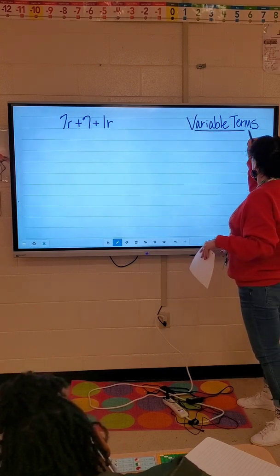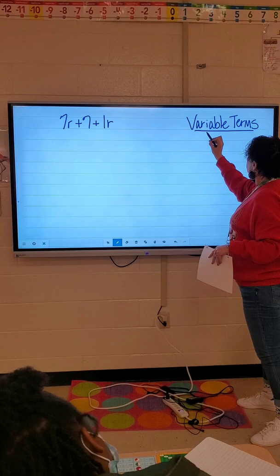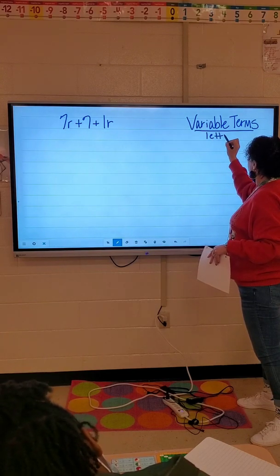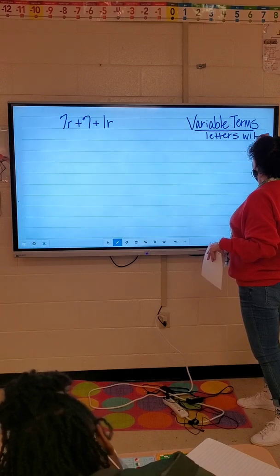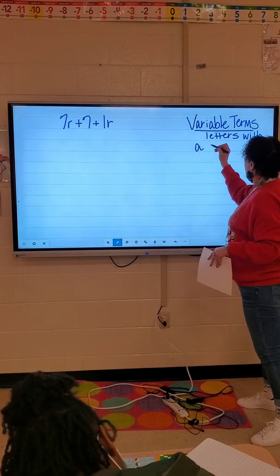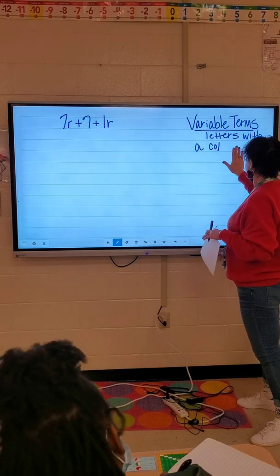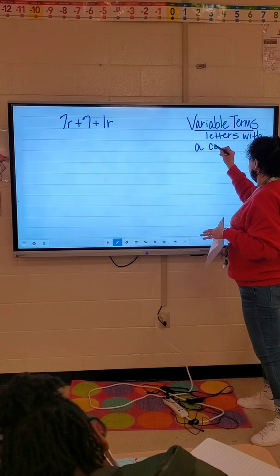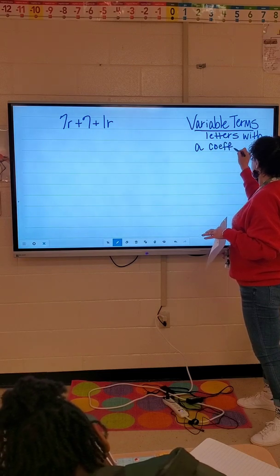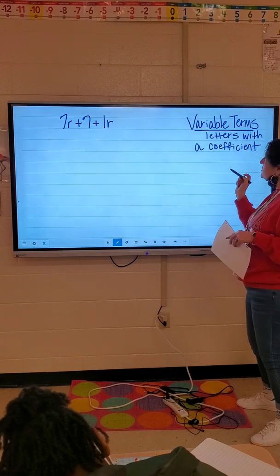Variable terms are letters with a coefficient.